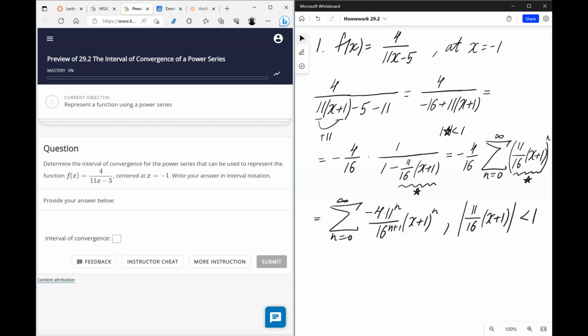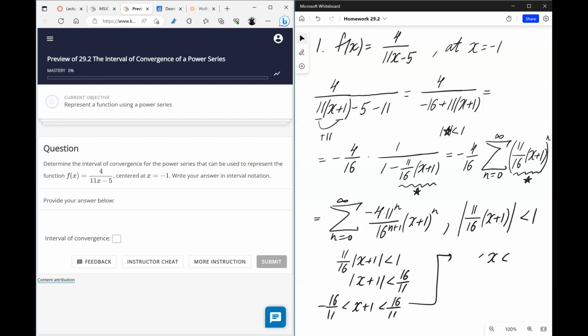Now, we're going to solve this absolute value inequality and derive the interval of convergence. Well, actually, there's an extra step here. x plus 1 will be between 16 over 11 and -16 over 11.